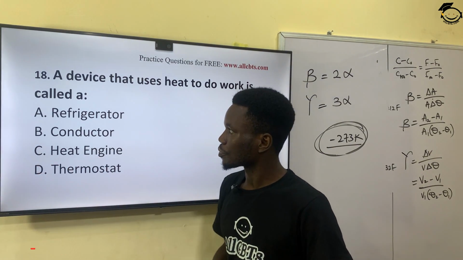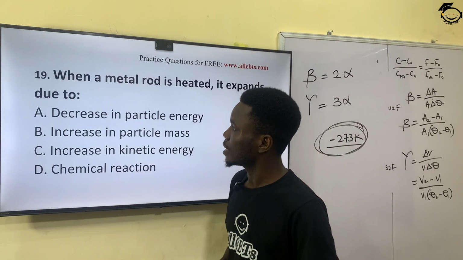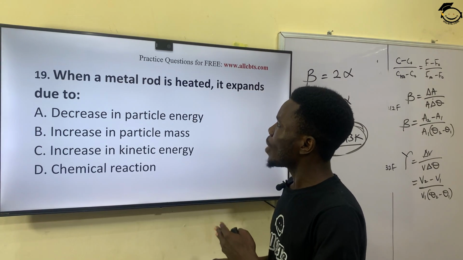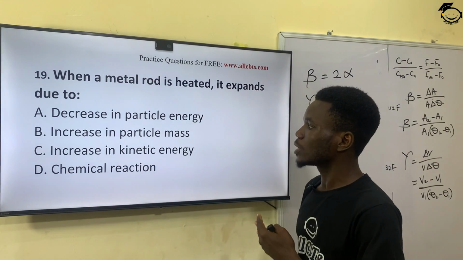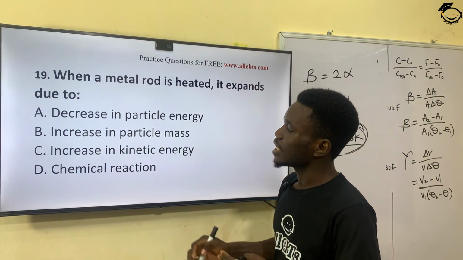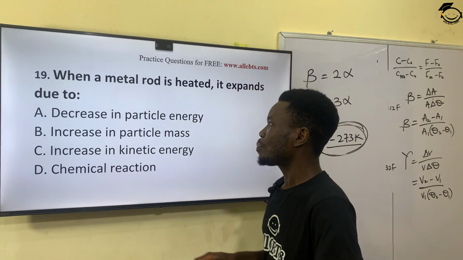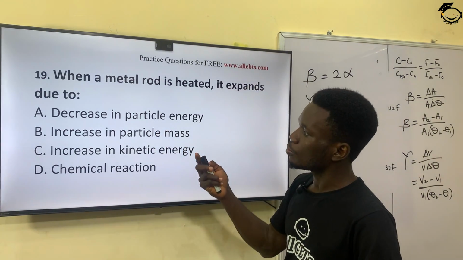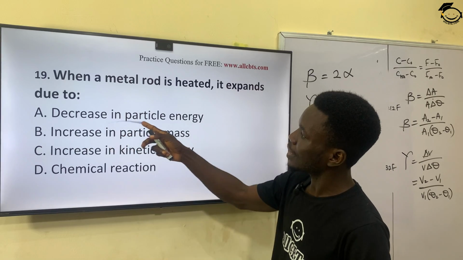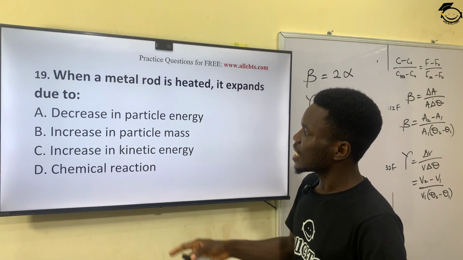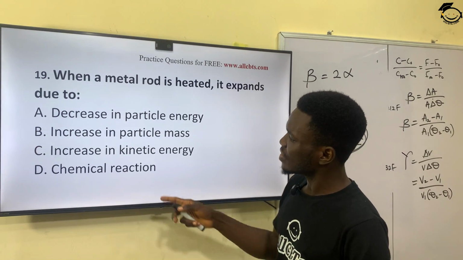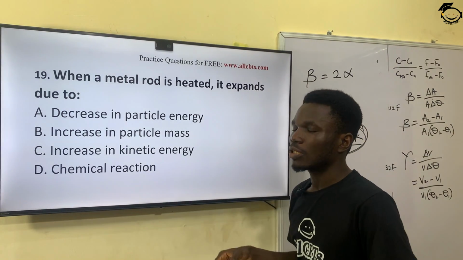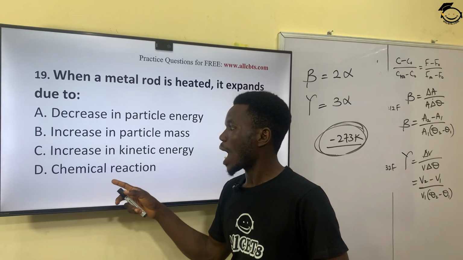which is option C. So that is also question number 19, which says, when a metal rod is heated, it expands due to dash. Option A says decrease in particle energy, option B says increase in particle mass, option C says increase in kinetic energy, and option D says chemical reaction.